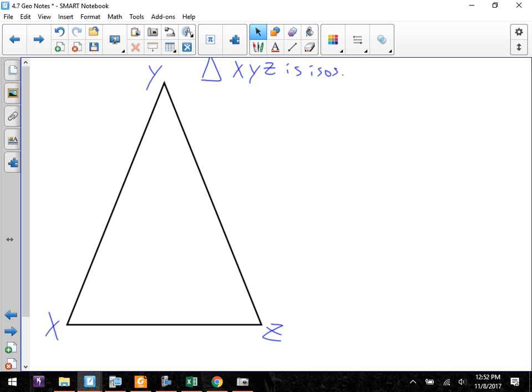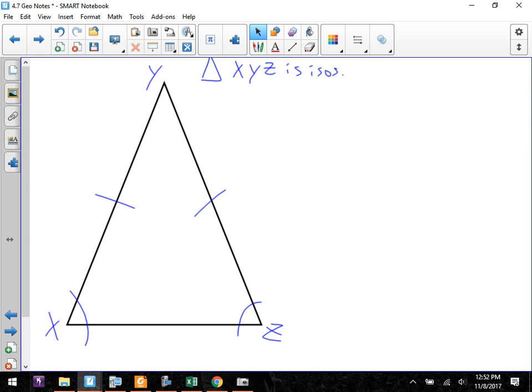If I say triangle XYZ is isosceles, that means where's your vertex angle? It's at Y. You're going to say between the sides. So Y is my vertex angle, which makes our two sides there and there. It also means that the base angles are congruent.